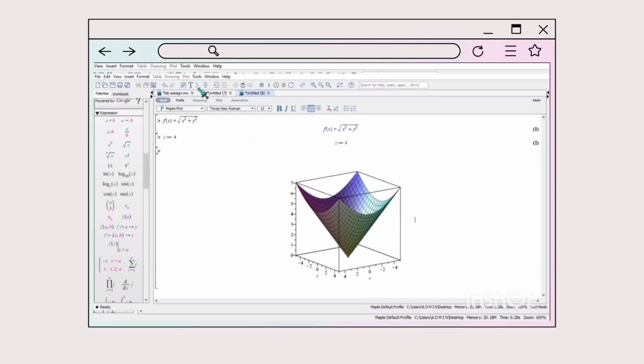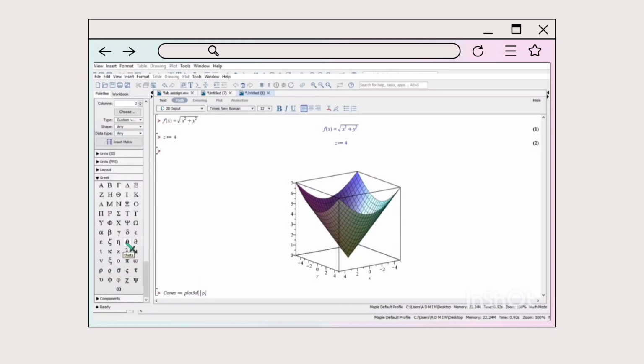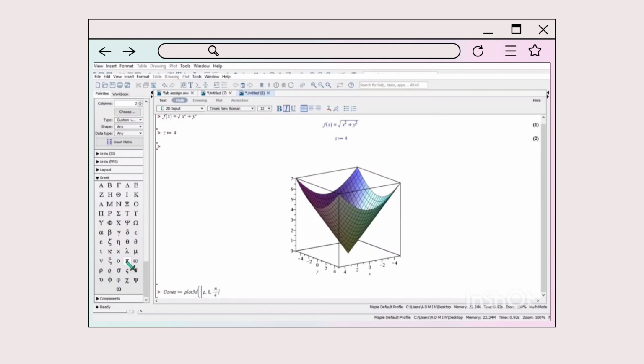This cone, I declare it as cones. The command is cones := plot3d([rho, theta, pi/4]), then set rho equal to 0 to 4 secant pi over 4, then theta from the range negative pi to pi, and the coords is spherical.